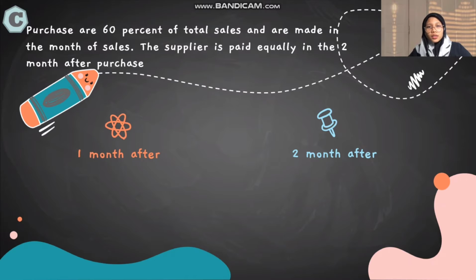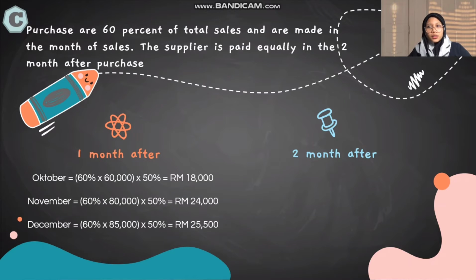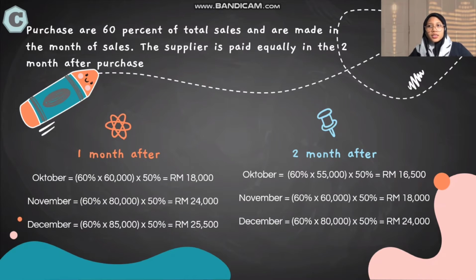The supplier is paid equally in the 2 months after purchase. So here the calculation is 1 month after and 2 months after. They say it's paid equally, so the percentage is the same, which means 1 month after is 50%, and the second month after is also 50%.